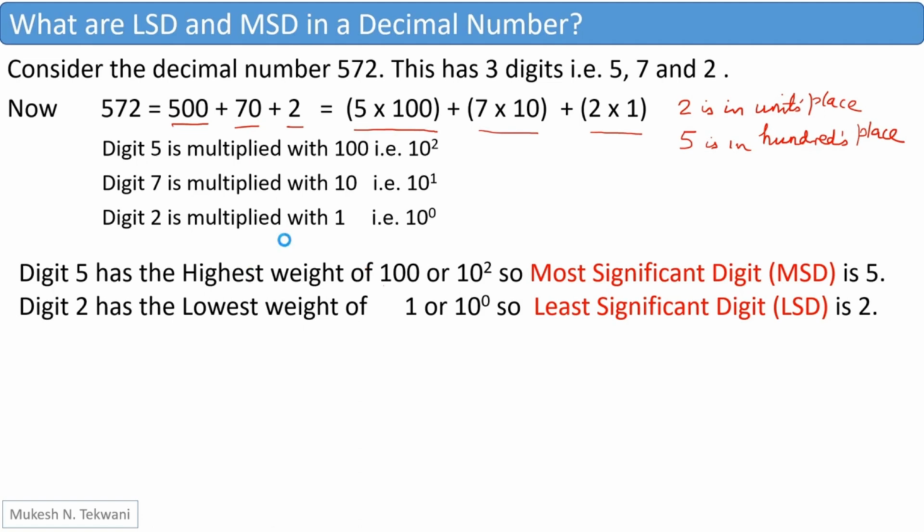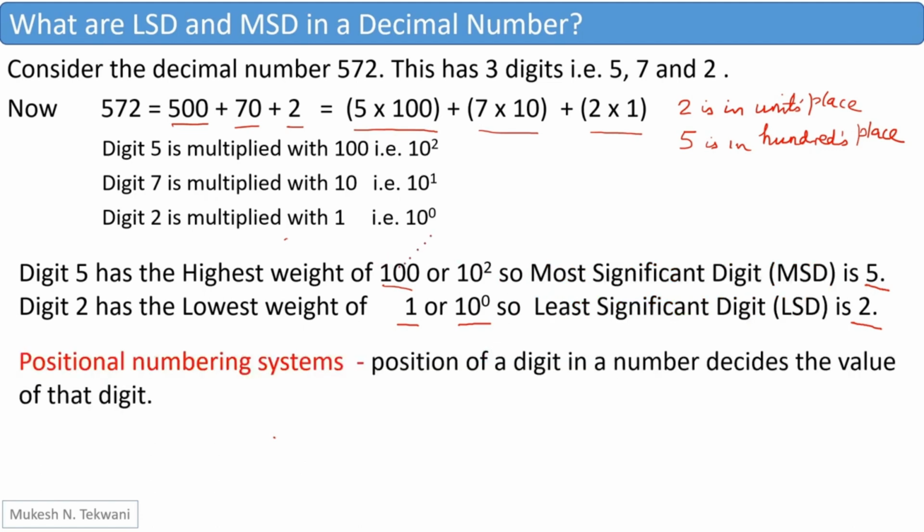And if you look at the digit 2, 2 is multiplied with the lowest weight of 1, which is also 10 raised to 0, and we say that the least significant digit is 2. So in this number 572, 5 becomes the most significant digit. It is the digit with the highest weight, whereas 2 has a weight of only 1.